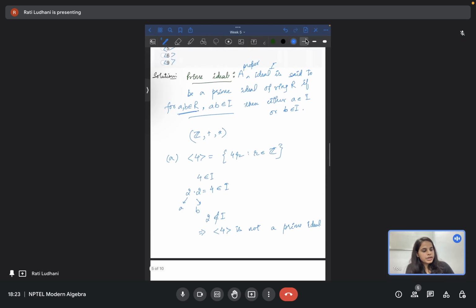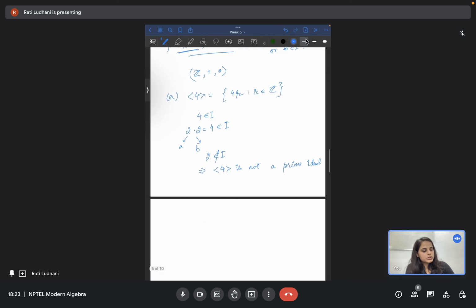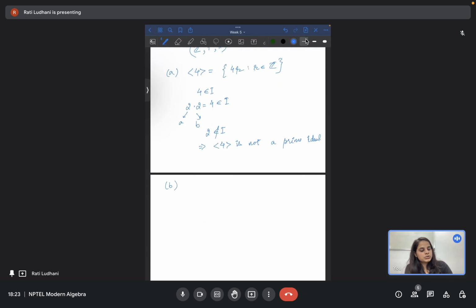Similarly, if you try to do with 5, 6 and 9, you need to check 5, 6 and 9. B, I'll keep for last. Let's take C first. C is your 6. Here what can you take? 3 into 2.